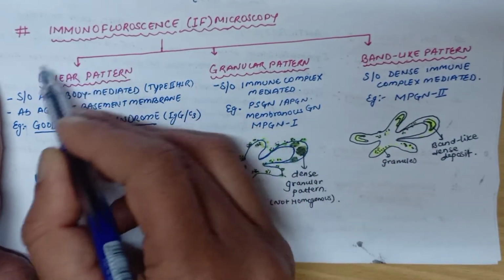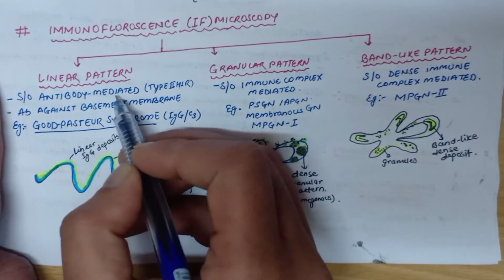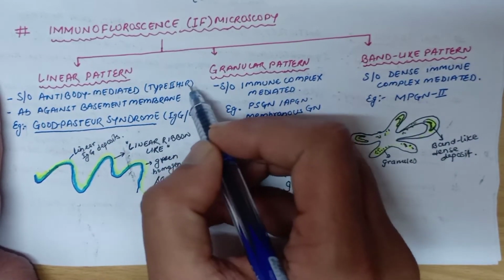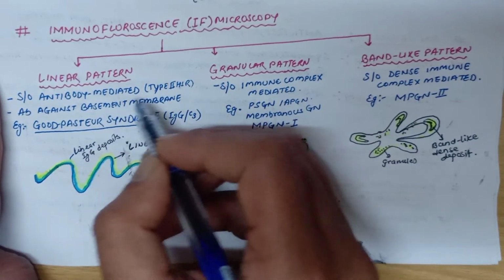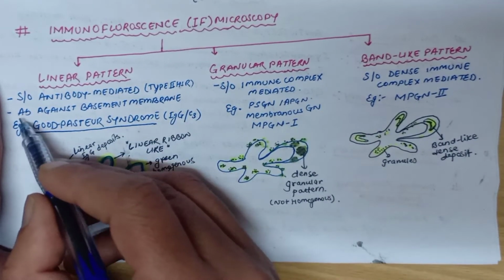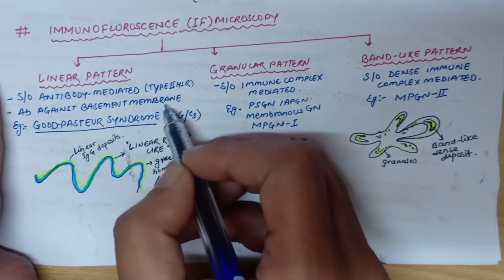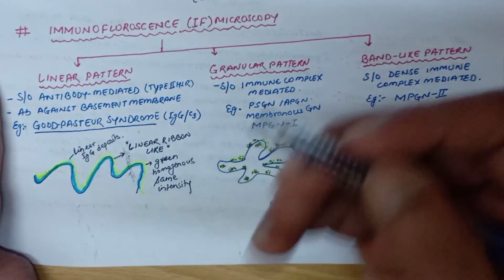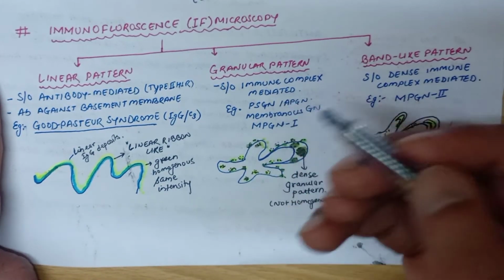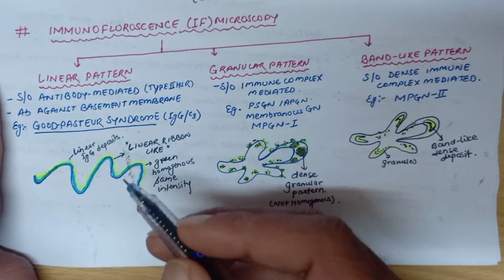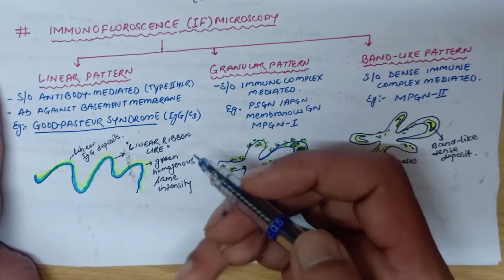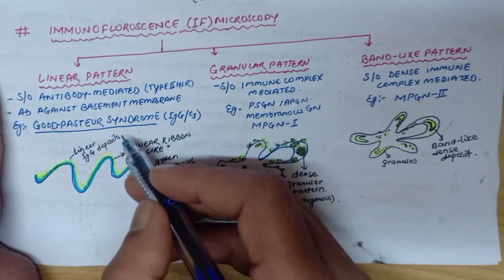Linear pattern is suggestive of antibody-mediated glomerulonephritis, that is type 2 hypersensitivity reaction, because it is antibody-mediated, and antibody is against the basement membrane. Here the antibody is against a fixed antigen on the basement membrane. For example, Goodpasture syndrome. Goodpasture syndrome is anti-GBM antibody.